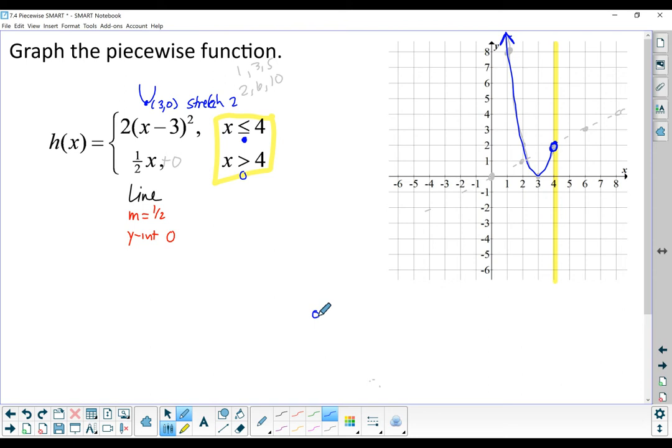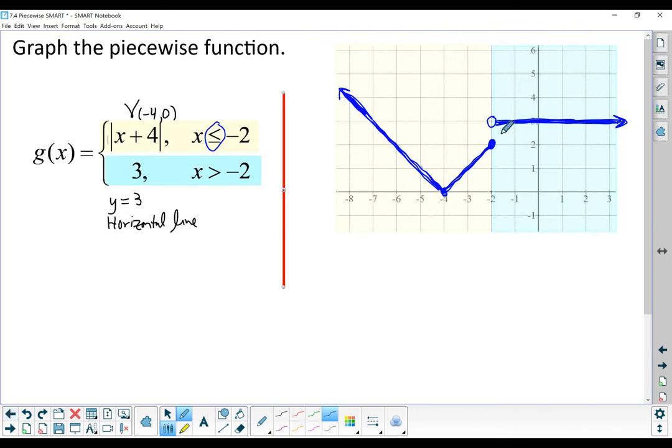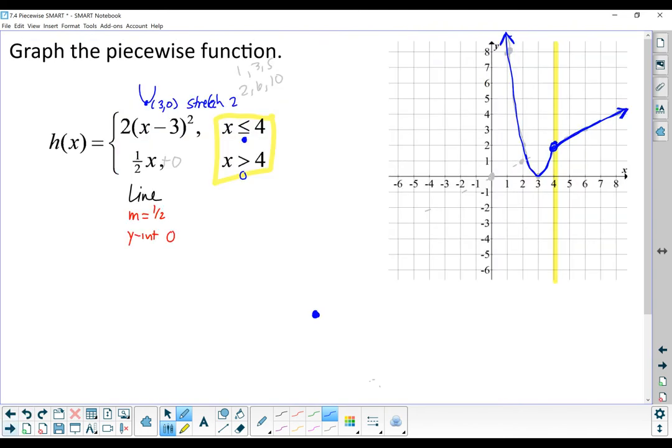Like you have a hole, but it gets filled in. So that's the same as having a closed circle. When your pieces connect, like this one does, it's just a connection and there's no open or closed circle. In our other examples, we had a jump happening. You can have a jump, but it can also connect.